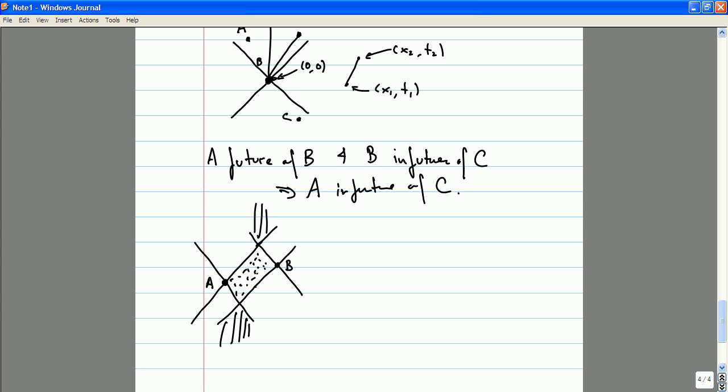But if you're thinking about events that take place in more than one spatial direction, and it's usually a good idea to do that because we live in more than one spatial dimension, then there's no real notion of absolute left and absolute right. Because really the picture is hard to draw, but it should be something like a cone like this. If I wanted to draw a picture, I could have my event A and my event B, and I could draw the cones associated with them, and they would intersect along some parabolas that I can't really draw.